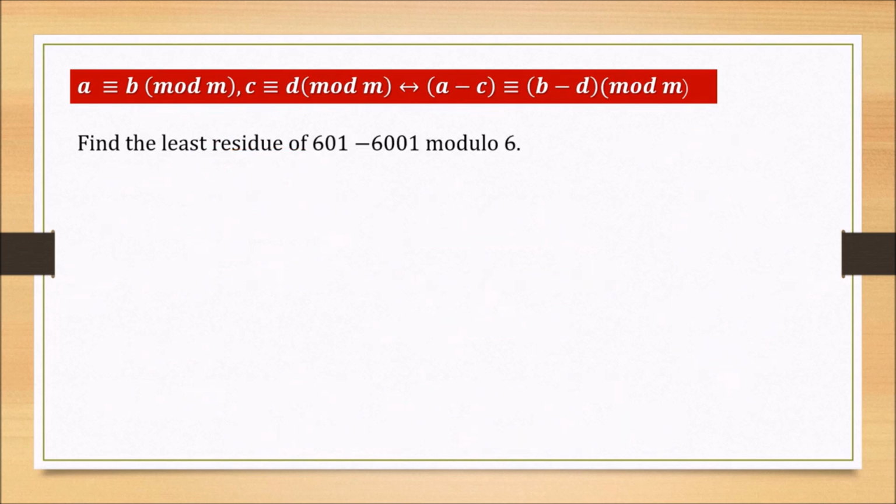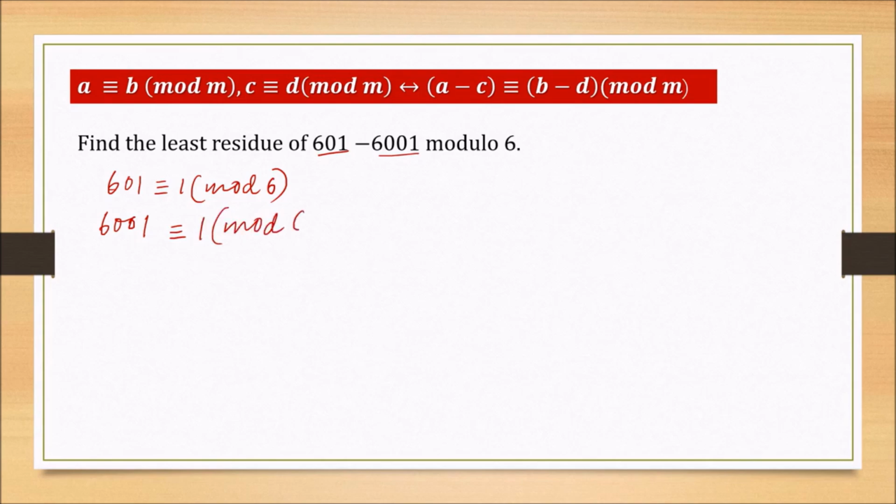Another example, 601 minus 6001. Find the least residue of 601 minus 6001 modulo 6. So 601 is congruent to 1 modulo 6, because when I divide by 6, certainly the remainder will be 1. And 6001 is also congruent to 1 modulo 6.